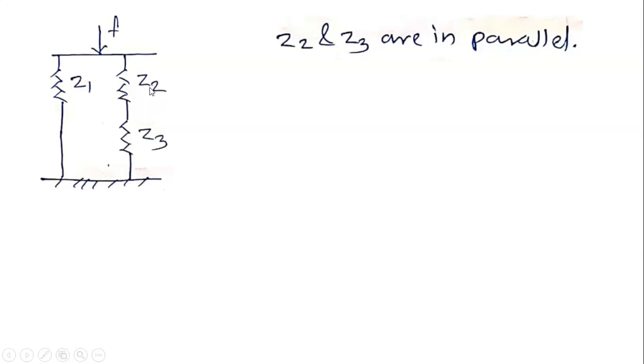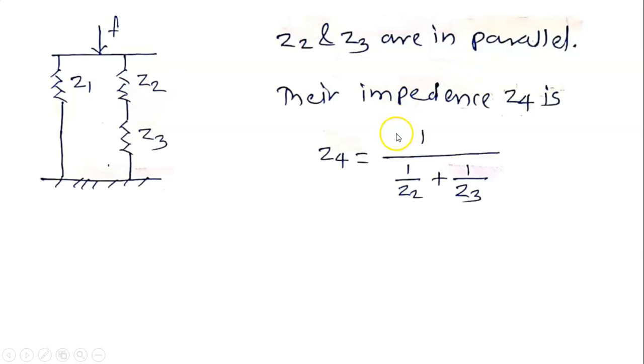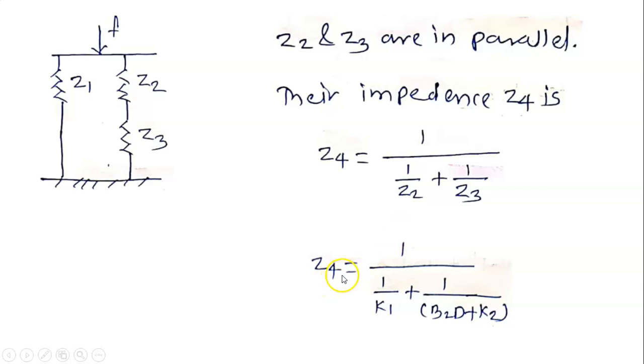Therefore, their impedance Z4 is equal to 1 divided by 1 upon Z2 plus 1 upon Z3. Substituting the values, Z4 is equal to 1 divided by 1 upon K1 plus 1 upon B2D plus K2.